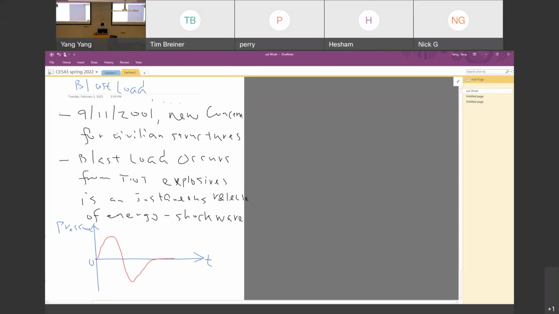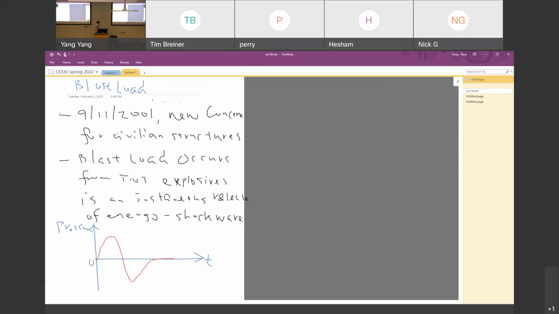That's the typical blast load when you design structures here. If you look at the shape of the pressure induced by the blast load, we will have some positive pressure as well as some negative pressure.